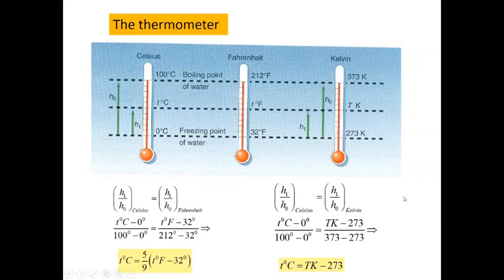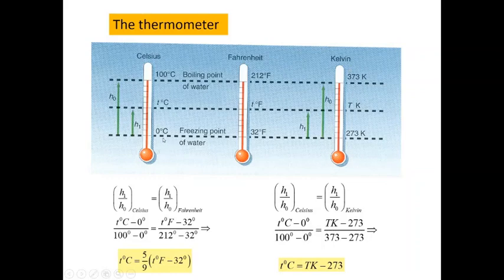Same thing we can apply for Kelvin temperature. So what is Kelvin temperature? The meaning of the Kelvin temperature I'll explain in the next slides, but here you should assume that the freezing point of water is 273 Kelvin and the boiling point of water is 373 Kelvin. You can see that it differs from degrees Celsius by 273.